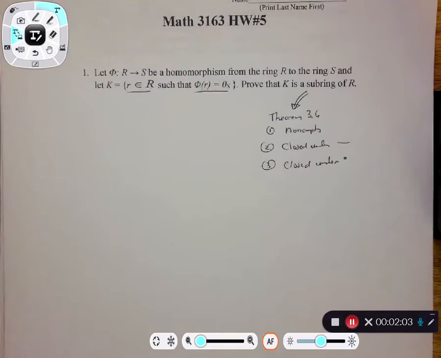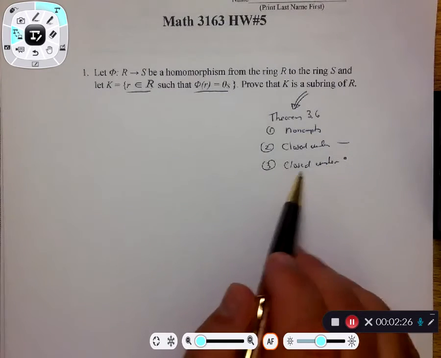Remember, this is my scrap sheet of paper, so this is just my thoughts being put down, and then I start afresh and write it in proper paragraph form. Dot your i's, cross your t's, use complete sentences, and use the appropriate definitions and theorems to reach your logical conclusions. So I've got to show three things: non-empty, closed under subtraction, and closed under multiplication.